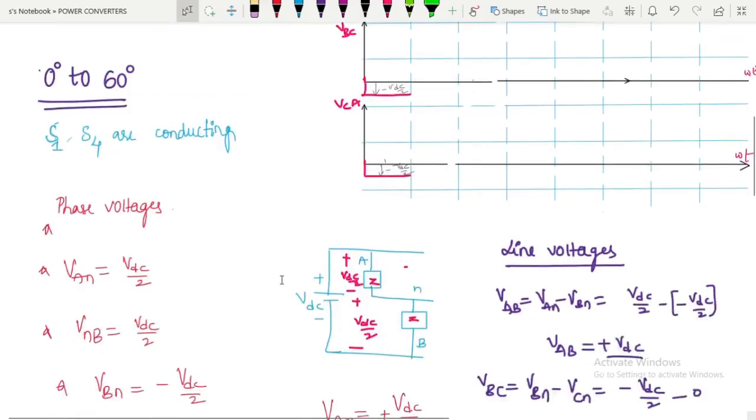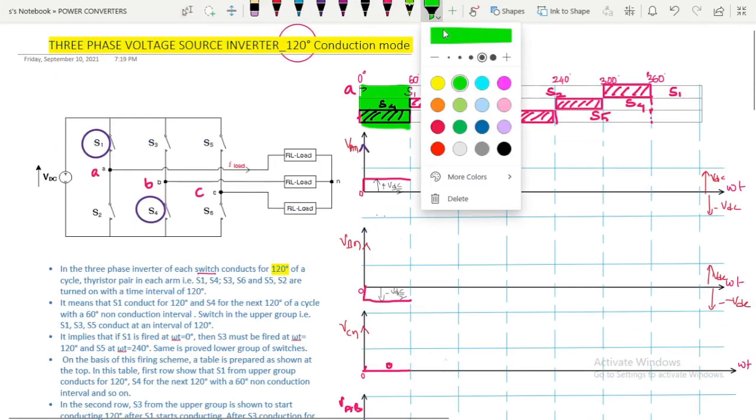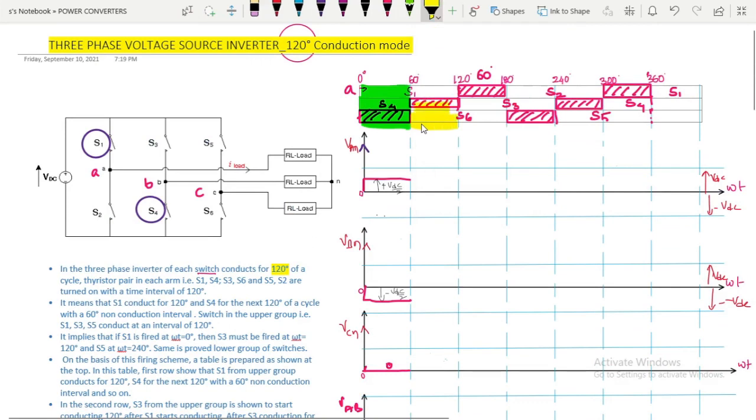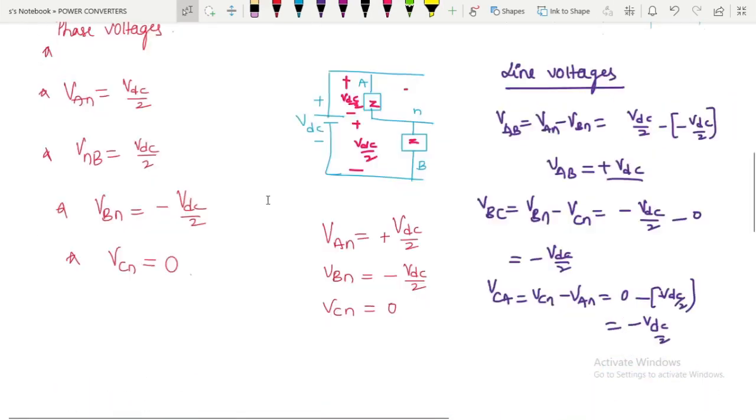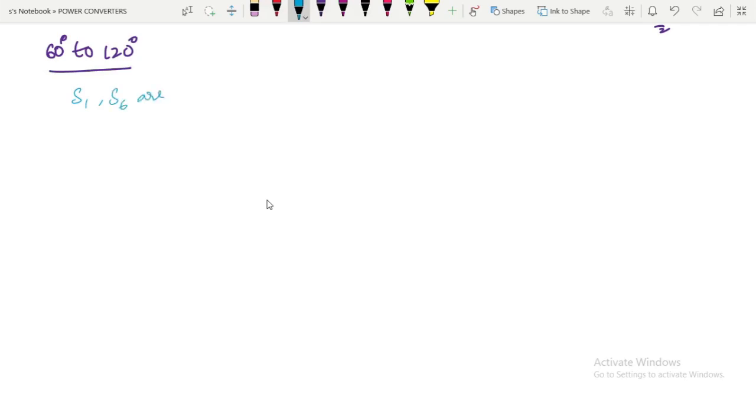Now let us see what is happening for 60 to 120 degrees. Let us see the switches that are turned on for 60 to 120. This is the region here. If you observe, S1 and S6 are turned on from 60 degrees to 120 degrees.